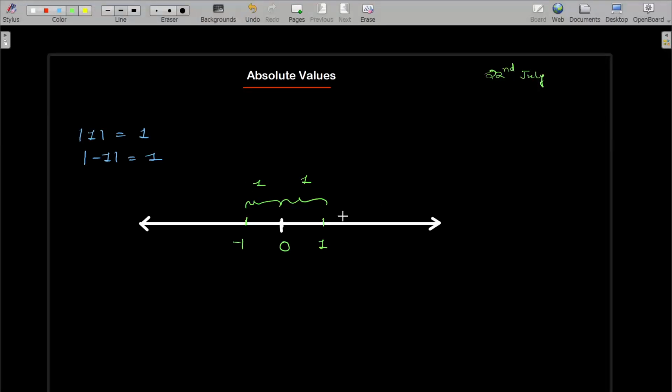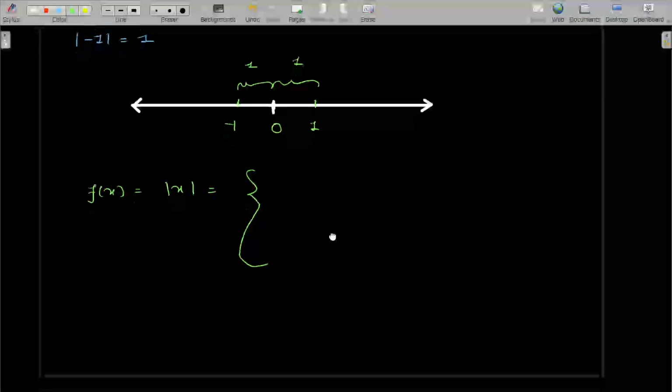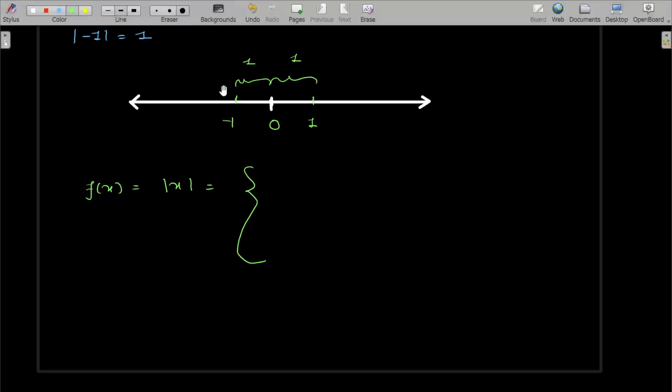Okay, so in general we can say that absolute value of x, now I'll write it in the function form. So if we have to write the function form for absolute value, f of x is equal to absolute value of x is equal to, so our answer will not be different, but some different condition is applied in both these cases.